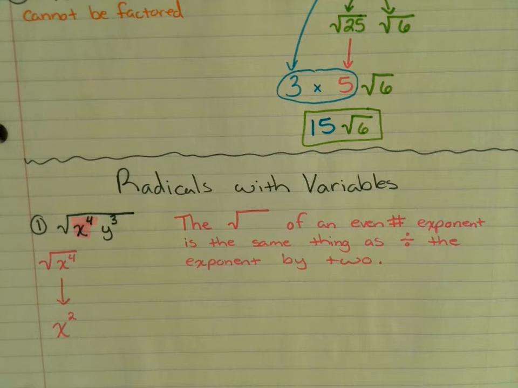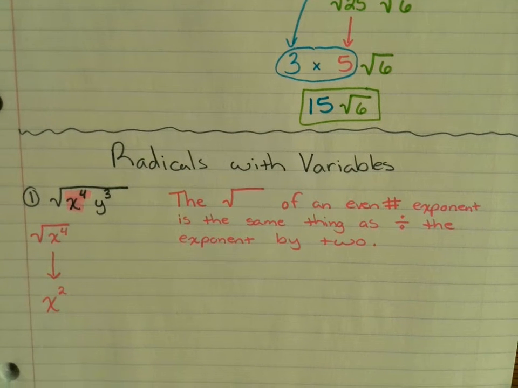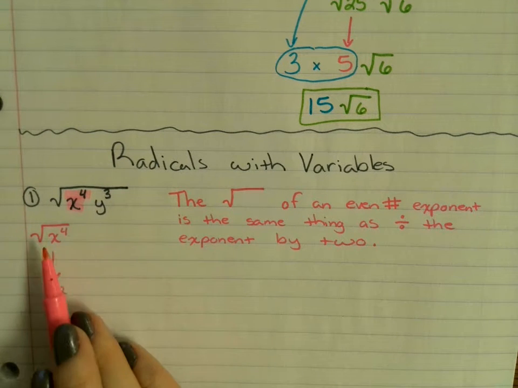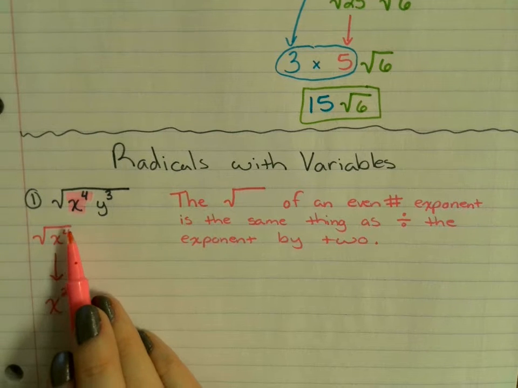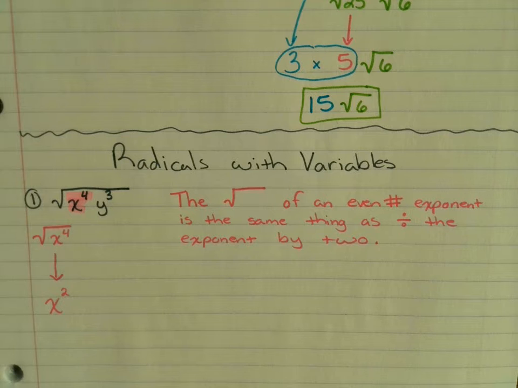That's all it states: if you have an even numbered exponent inside of a square root, you just take your exponent, divide it by 2, and then get rid of the root. So square root of x to the 4th is x squared, which makes sense because x squared times x squared equals x to the 4th.